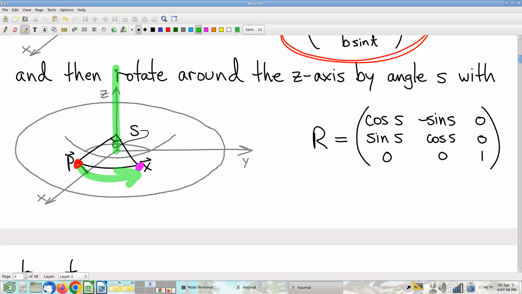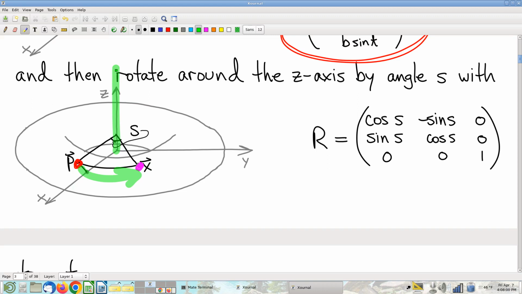Make sure you're good at producing, for example, a rotation matrix like this. The broad strokes to make sure you understand. First of all, rotations are linear transformations. Second, all linear transformations are matrices. Third, the columns of the matrix are the images of the standard basis vectors.